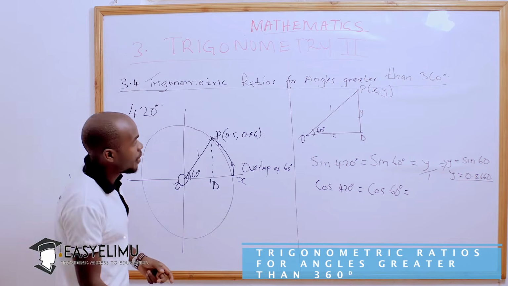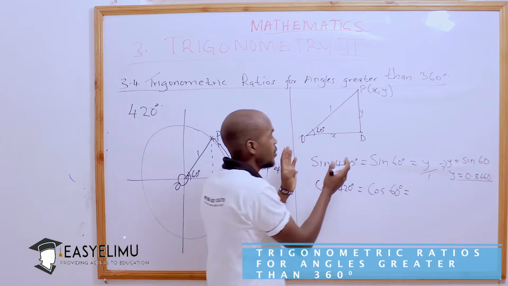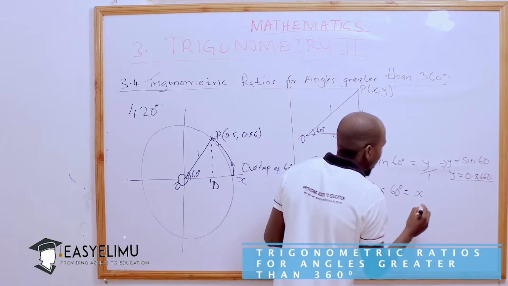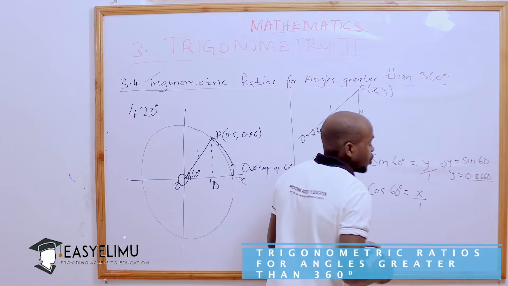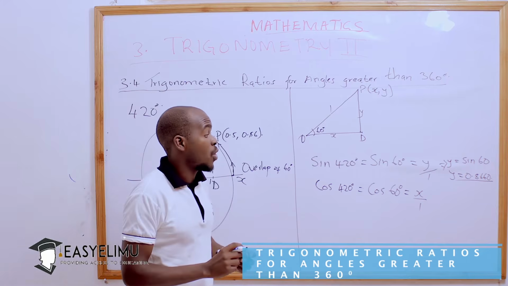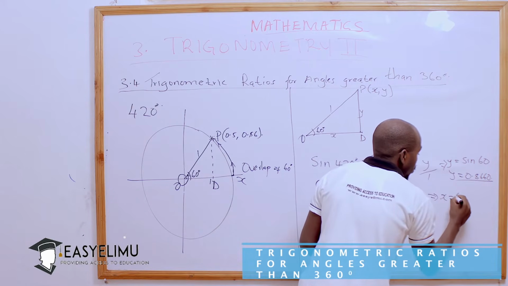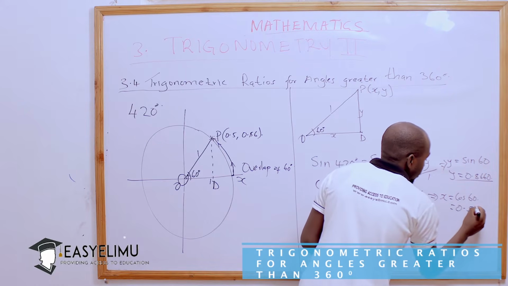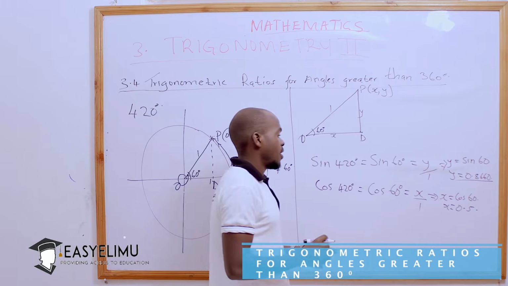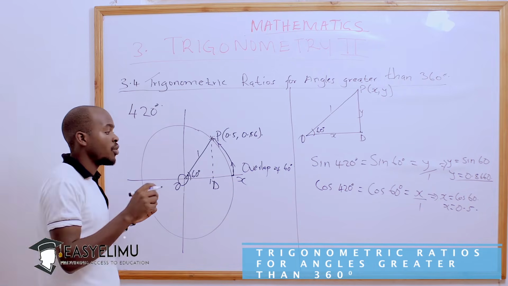And if we find cos 60 degrees of this angle, it's just finding the x-coordinate, which will be the adjacent of that triangle divided by the hypotenuse, which is the radius of the circle, which is 1. And if we do that, it's going to give us x equals cos 60, and you're going to get 0.5 as our x. So we have found x and we have found y.